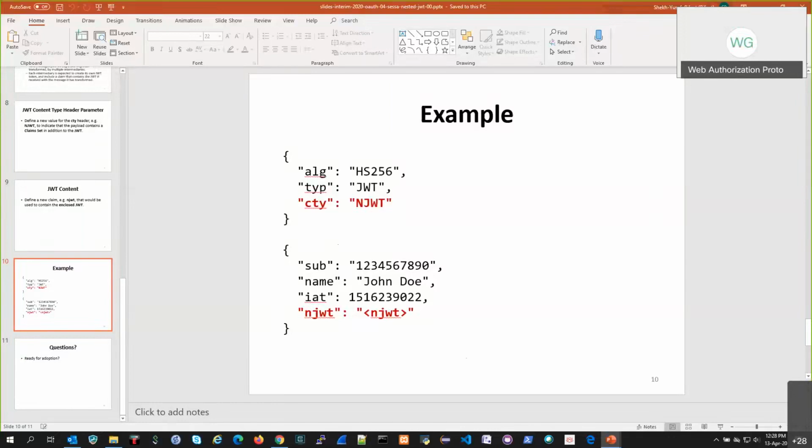Mike? Yeah, I wanted to support the comment that I don't think a new content type is warranted. In fact, the content type is normally something that would apply to the whole body, where this is kind of odd in that it's talking about the value of one of the claims being present.